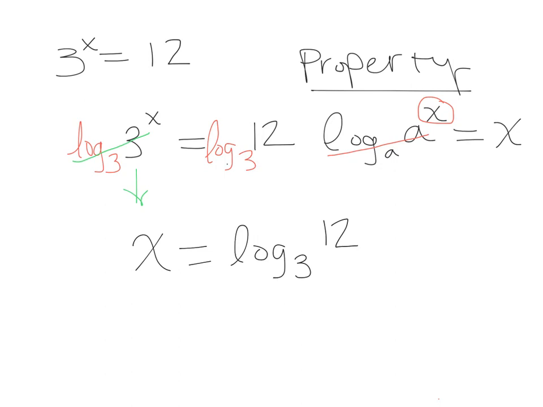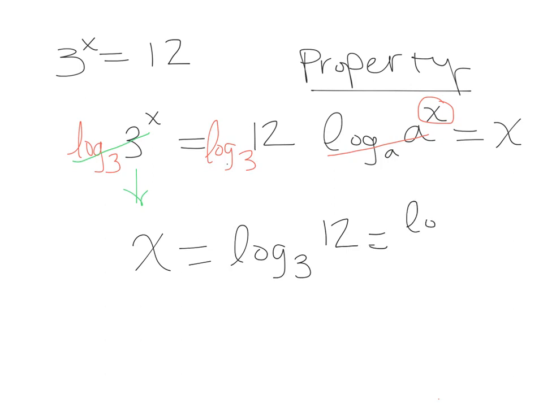Now, we could leave that as the answer, and this would be the exact answer. If you're asked to give some kind of decimal answer rounded to, I don't know, the nearest thousandth or so, then you're going to have to evaluate that on the calculator.